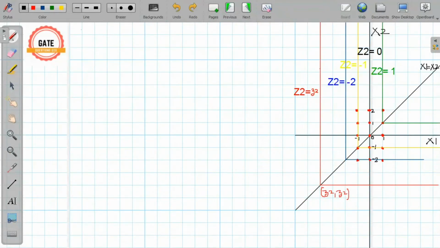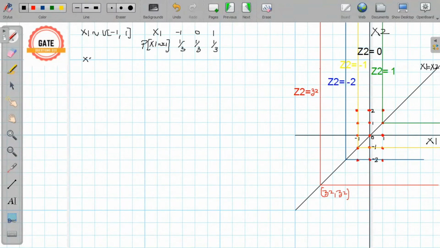It's given in the problem that x1 is uniformly distributed over -1 to 1. So x1 can take three values, -1, 0 and 1, and the probability that x1 is equal to some sample value small x1 will be 1 by 3 in each of these cases.